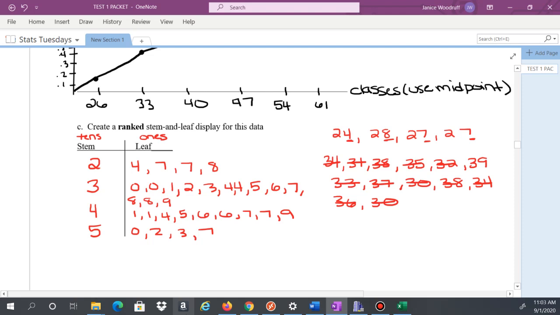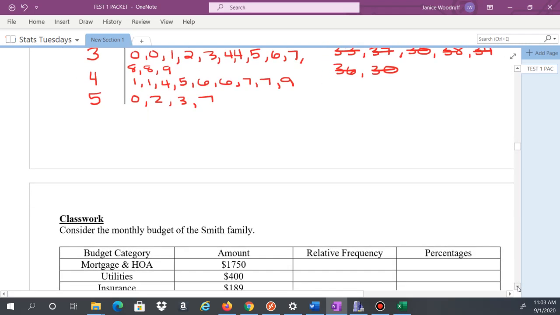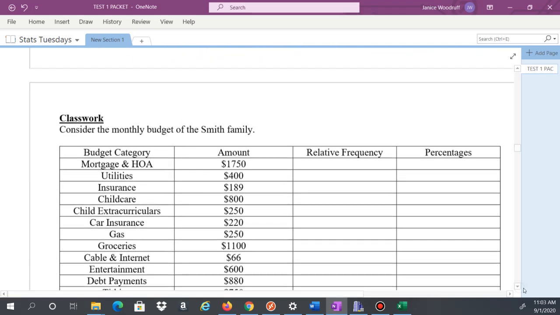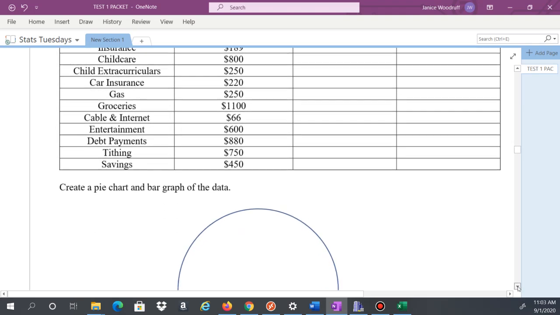Okay, so I think now we have just some practice stuff that we want to work on. Oh, I also wanted to give you guys a dot plot. So before we do this, and this I want to do in Excel. So we're going to do that together. Let me go down. Actually, we'll go right here.